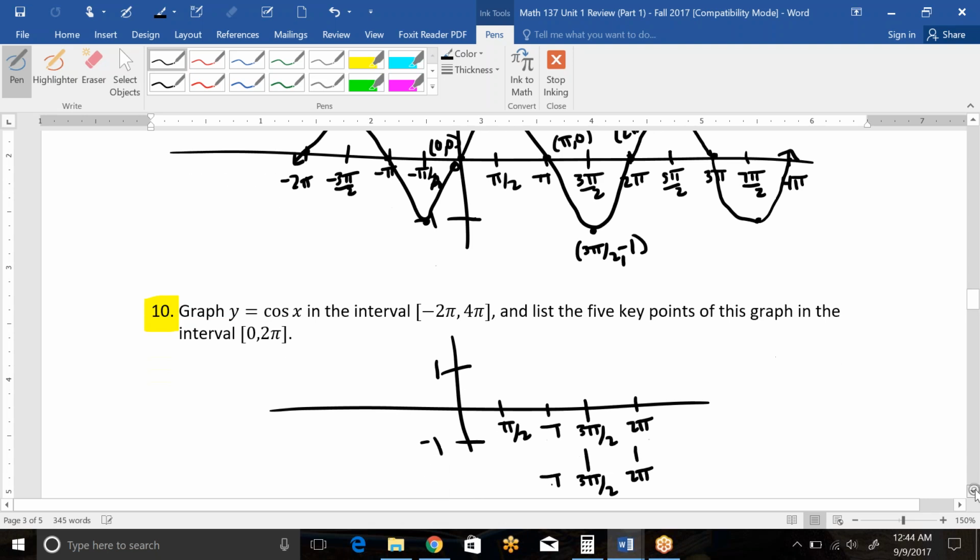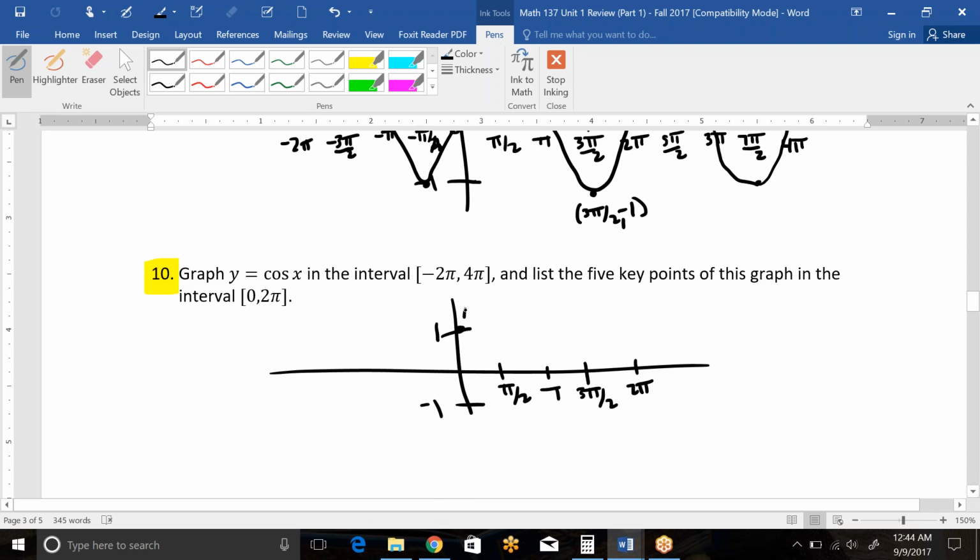So let's get our 5 main points first. So 0, 1. Then we go down to the x-axis, so pi over 2, comma 0. Then we continue down to negative 1, so pi, negative 1. Then it's back up to 0 for the y value. And then finally at 2 pi, back up at 1.